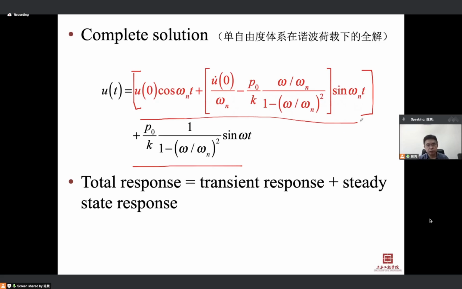So that's why it's called transient response. And the second part has the same frequency as the external load.